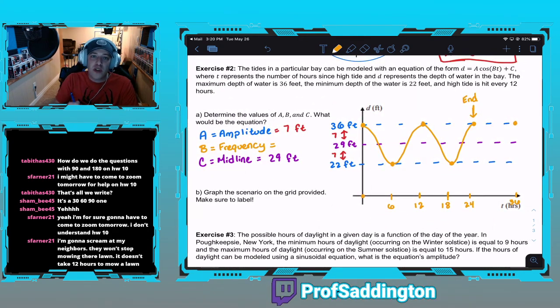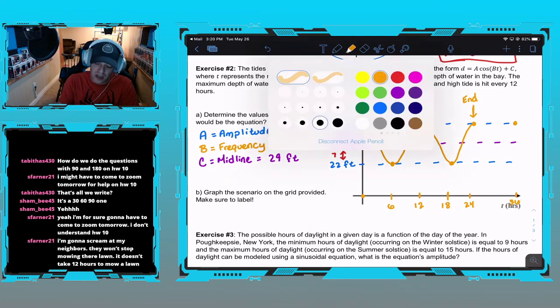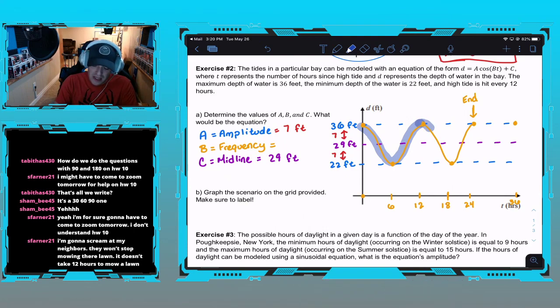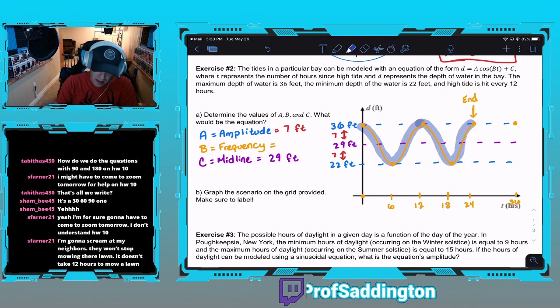So our frequency is the number of times we had the letter C, the number of cosine curves. So if we look, I had one cosine curve right here because that's one letter C. And then it repeats and does it again.